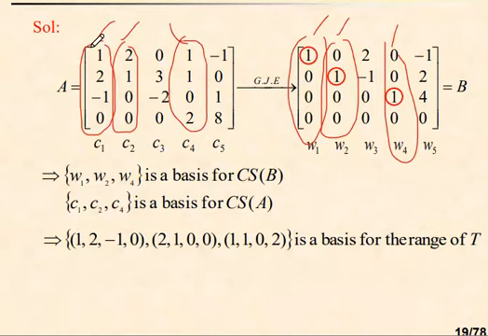I think you can show, because we have discussed these things, that these three columns of A are linearly independent. Therefore, this is a basis for the range of T. All right, that makes sense. Does that make sense to you?